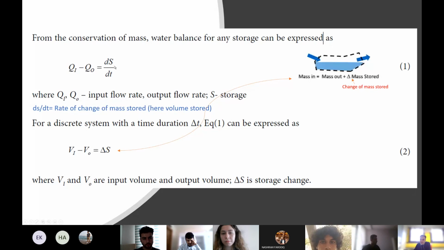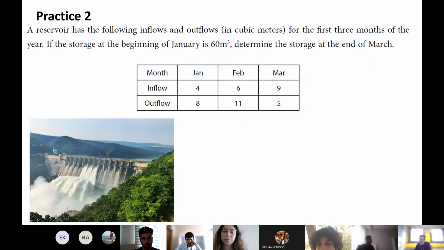Therefore, you don't need to use this version of the water balance. This version will be enough. You can say that input volume minus output volume is delta S, the storage. Just simply use it. If you really understand this formula, this question is nothing but a piece of cake.